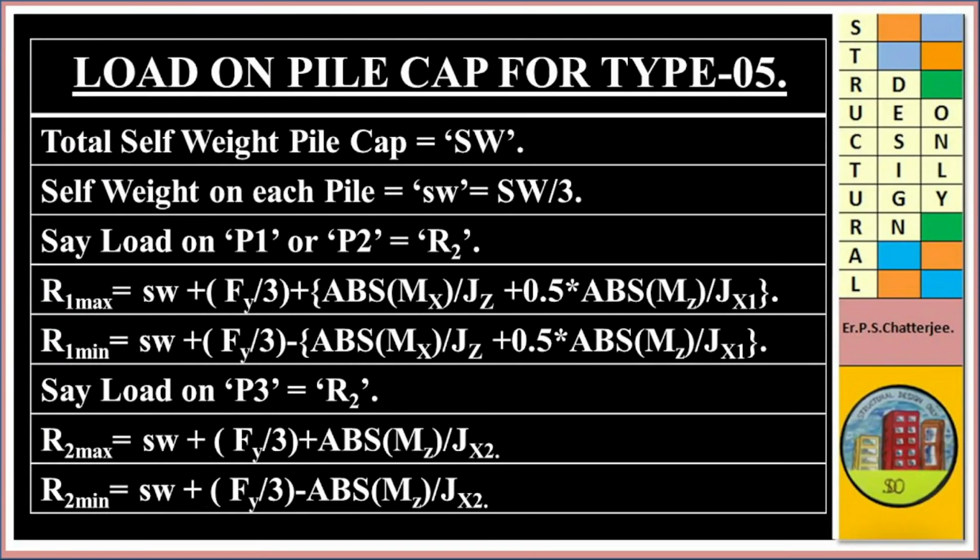Similarly for type 5, self-weight on each pile, small sw is equal to SW by 3. The load on P1 or P2 is equal to R1.